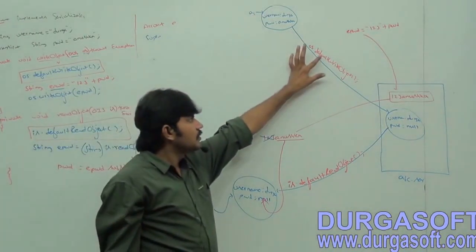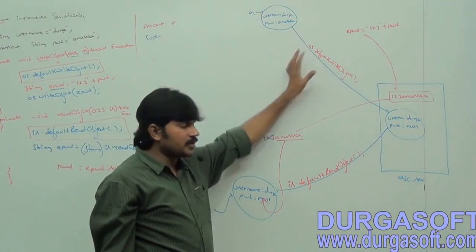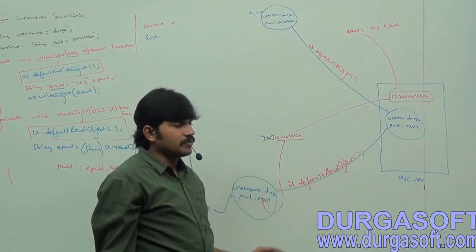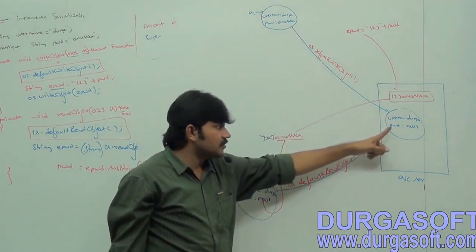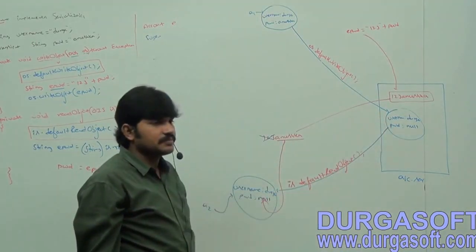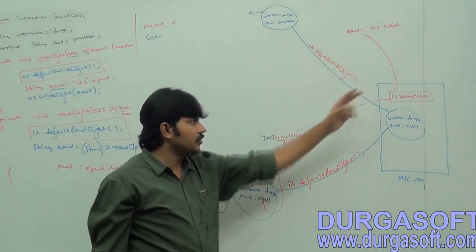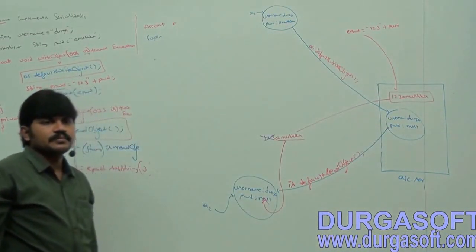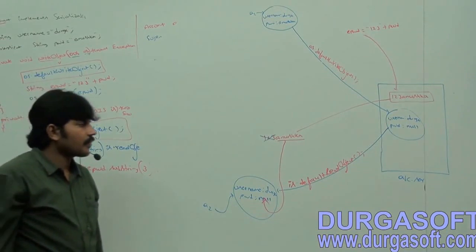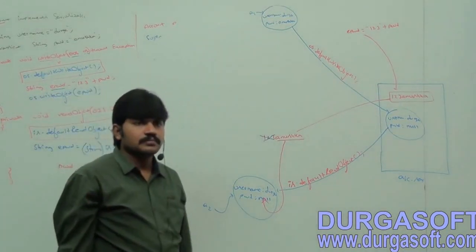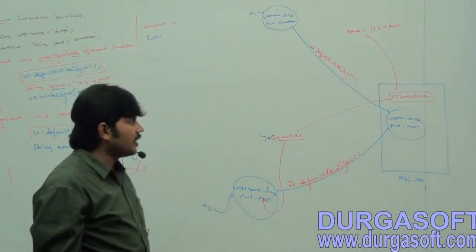What is this line? os.defaultWriteObject, is.defaultReadObject: default serialization, default deserialization, and the extra work that we are doing. Observe clearly.